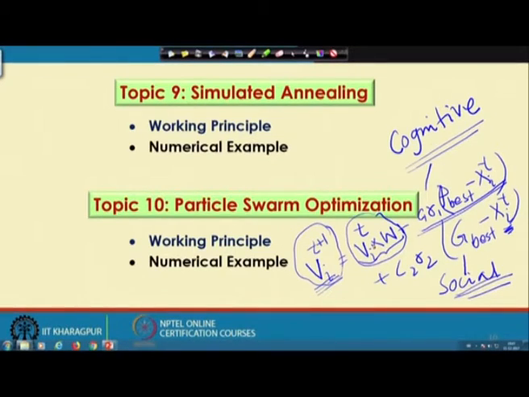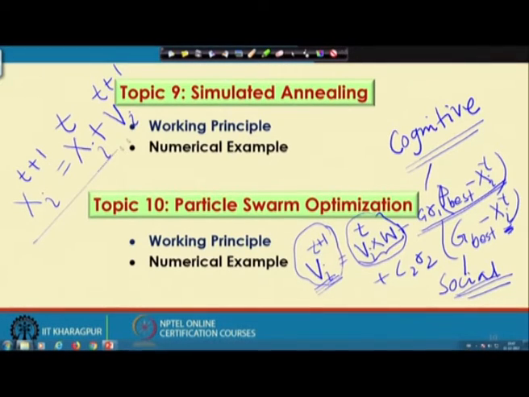And once you have got this updated velocity, I can find out x i t plus 1, that is, the position of the ith particle at the t plus 1th iteration, which is nothing but x i t plus this v i t plus 1 multiplied by t, where t is nothing but 1 here, and that indicates the number of iterations.